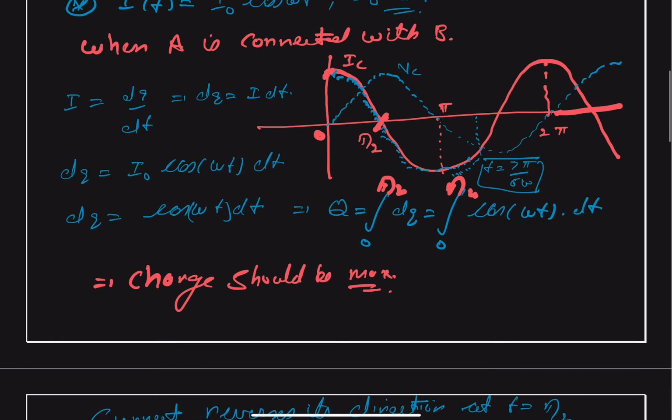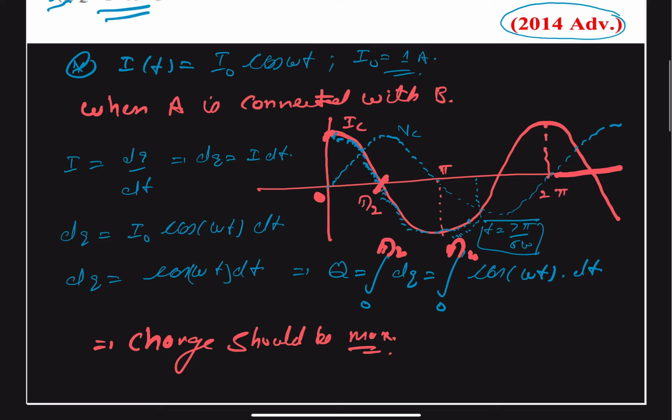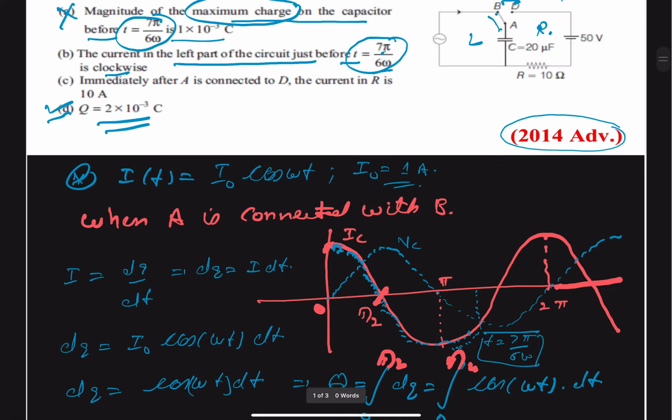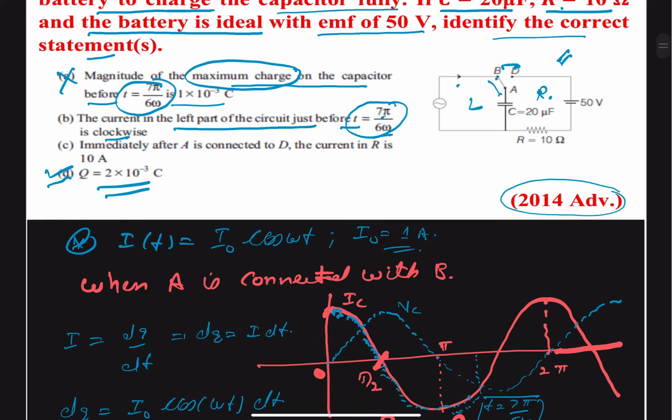We already defined the point 7 pi by 6 omega, and it says that the current will be in clockwise direction. But from the figure we can clearly see that the current initially flows up till pi by 2 in the positive direction. So initially the current is flowing in this direction, but at pi by 2 the current reverses the direction, so it becomes counterclockwise.